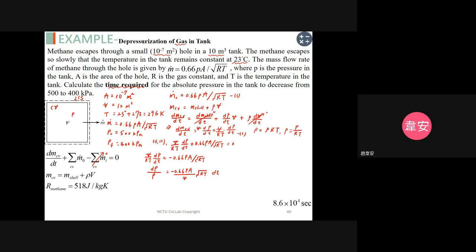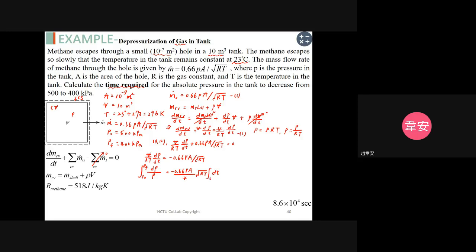Okay, so right now, based on this formula, we can process the integrations from the initial pressure to the final pressure, and the right-hand side is for the time parameters.